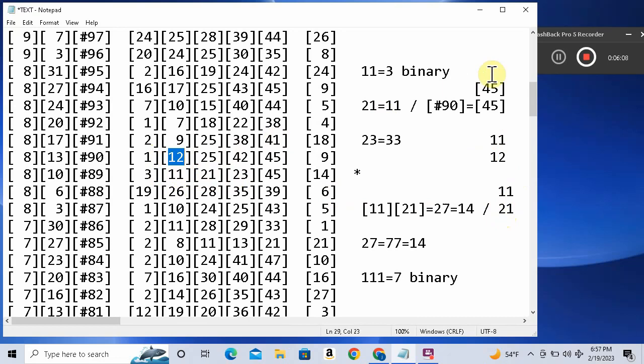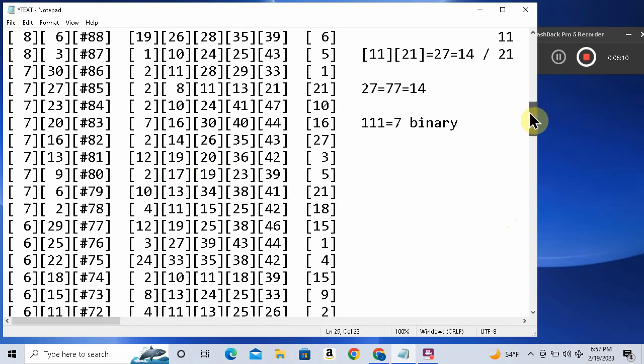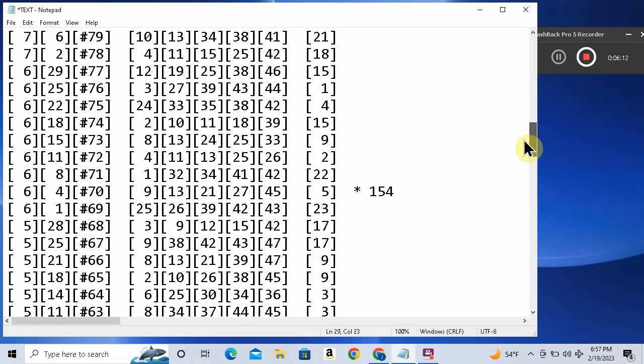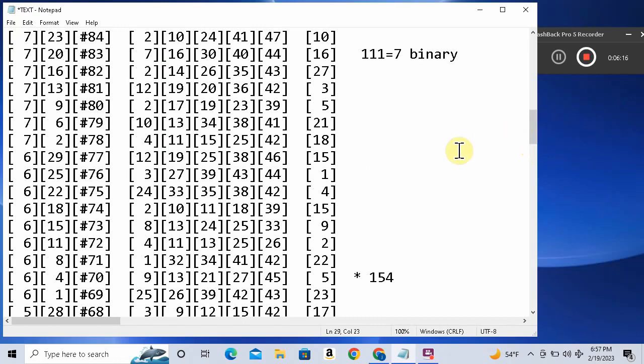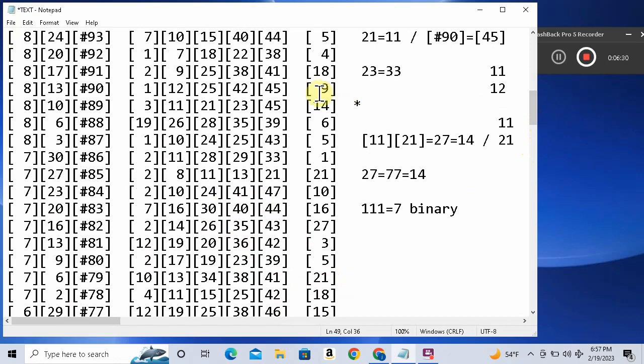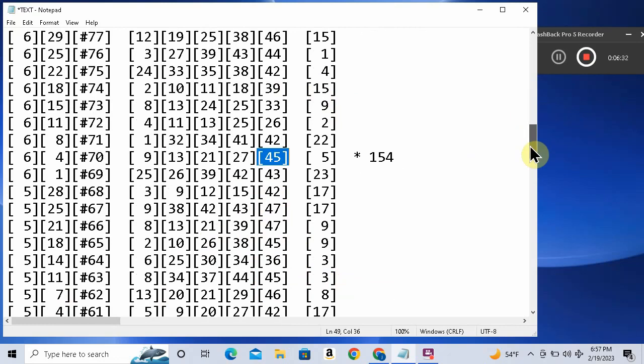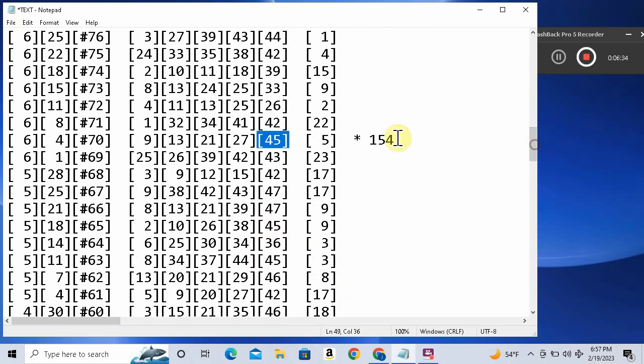I want to go back to the 45. Interesting, because I like to go back and look at history here. So what I usually do is look for 45. Now if you go over here, notice how you do have a 45 right here. This is an entirely different sequence. The distance between this 45 and this 45 is 154. Notice how that's kind of a reverse number of the 45.